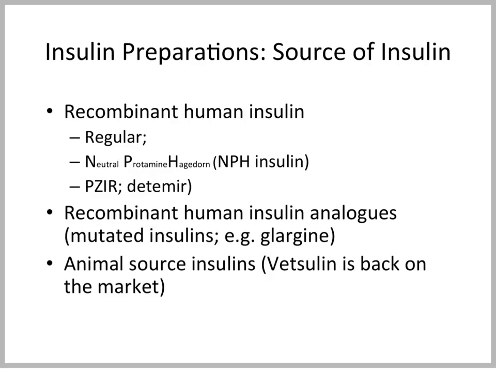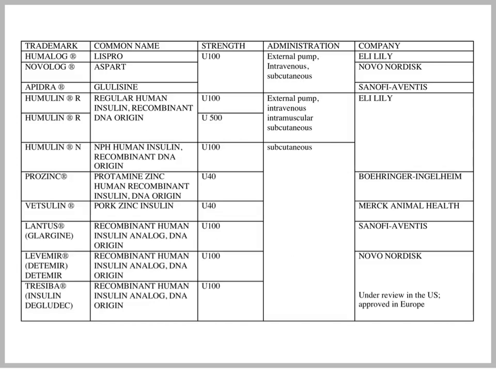But we also always use other insulin preparations from the human market for the treatment of diabetic animals. So I made a table with the currently available insulin preparations. This is nothing that you will need to remember, but it shows you that there is a fairly large number of preparations on the market.